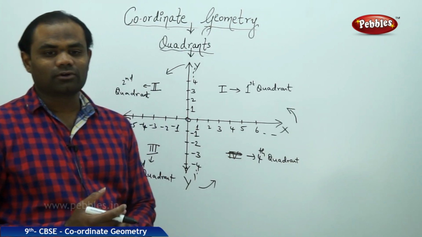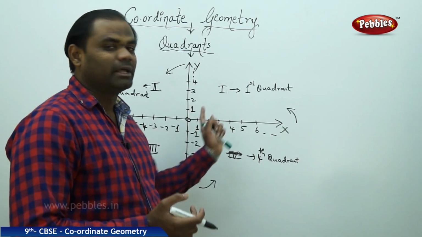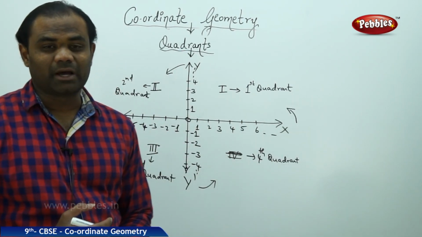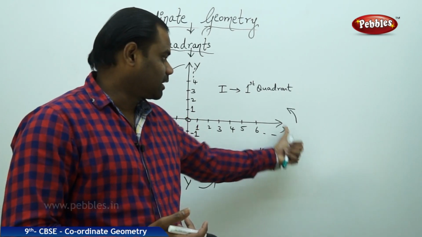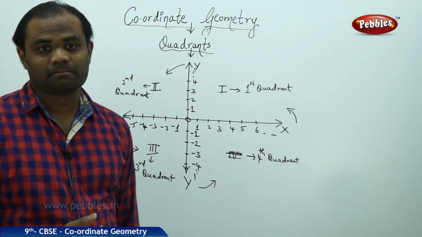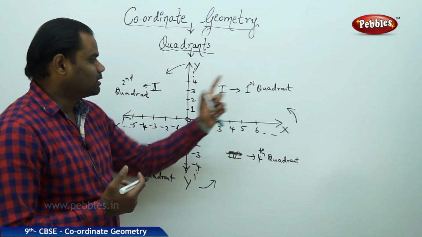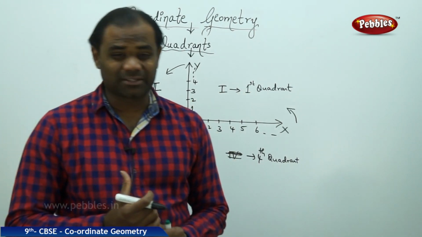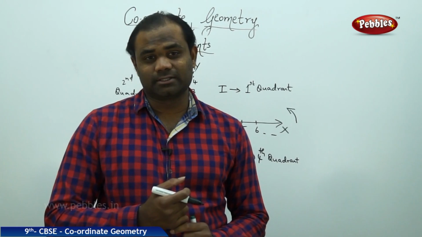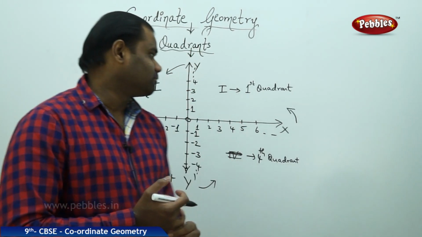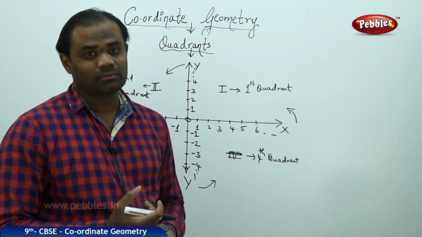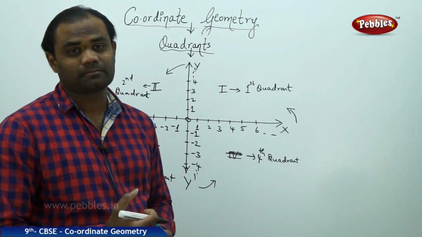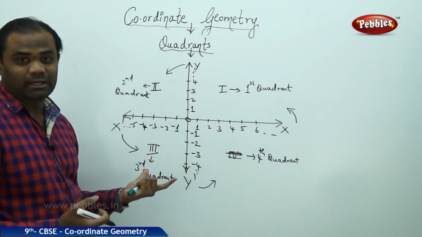So there are totally 4 quadrants which the whole plane is subdivided into by the 2 perpendicular lines, x-axis and y-axis. So using this, let's see what role each quadrant plays in the coordinate system. Now coming to the first quadrant, what is its role in coordinate geometry? Let's see each of them.